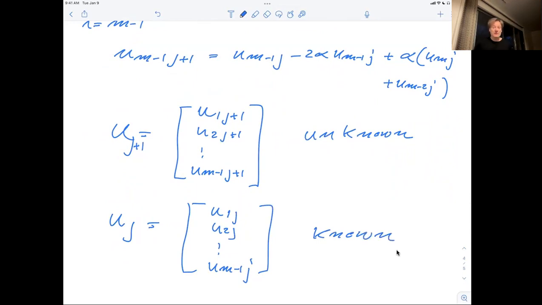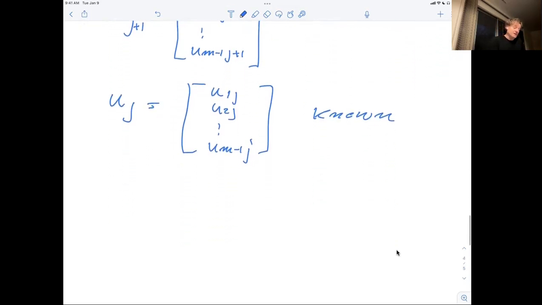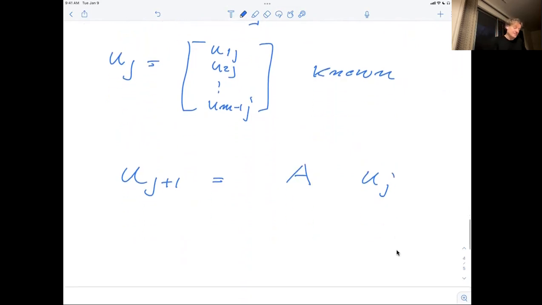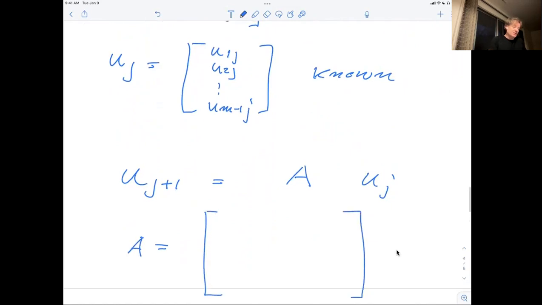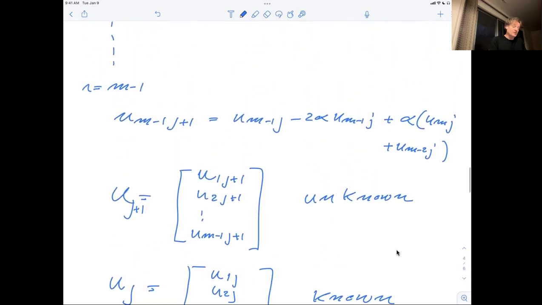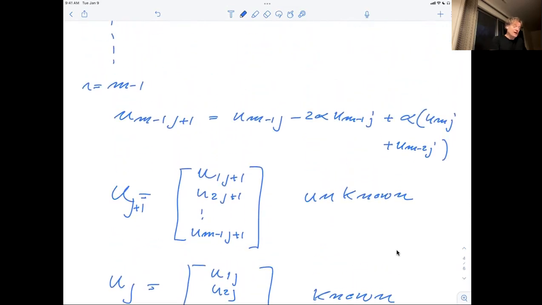Now you can write these two quantities in terms of this unknown vector u of j plus 1 in time. And this is given by u of j multiplied with a matrix A. And this matrix A is nothing but, when you look at what we have here, if you go back to the difference equations, you see that what we have is something along the diagonal.